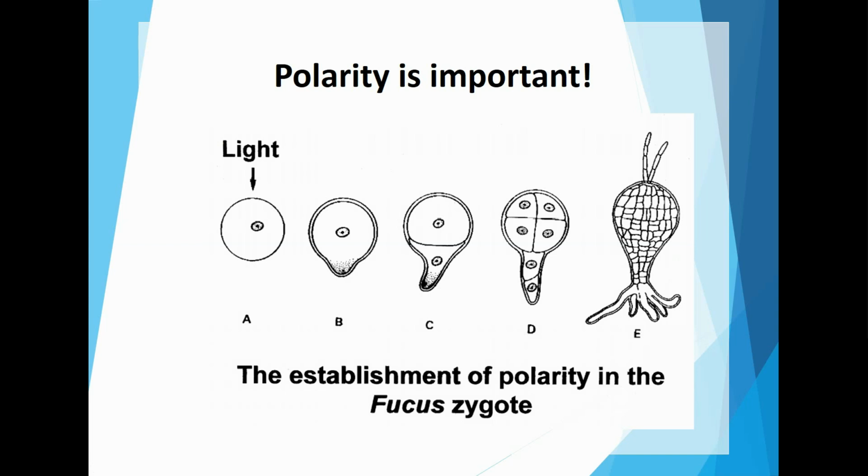So for example, when you're at this stage, it's still possible for you to turn the seed around and have this flatten out again and then start growing the roots down here.